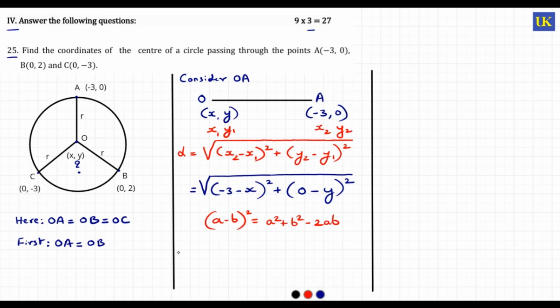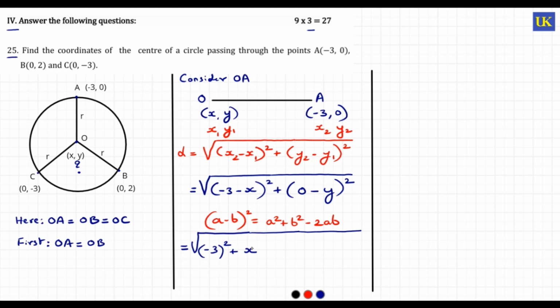So now, I will write it inside the root. Minus 3 minus x the whole square, I will be applying this formula to this bracket first. So this is minus 3, so a square means the first term, minus 3 is the square.